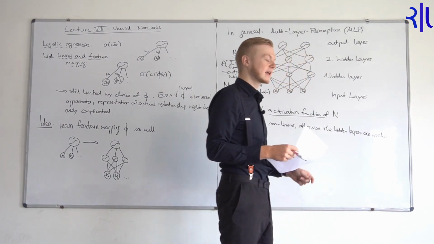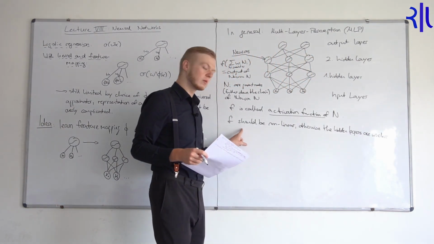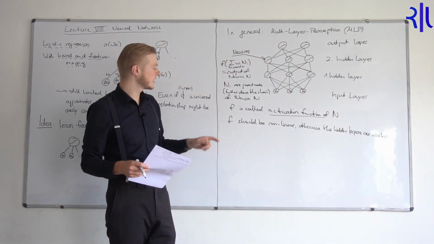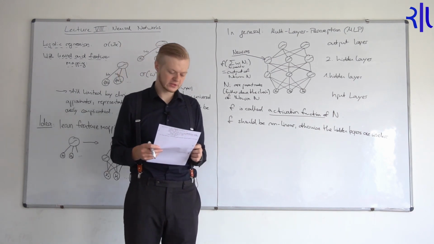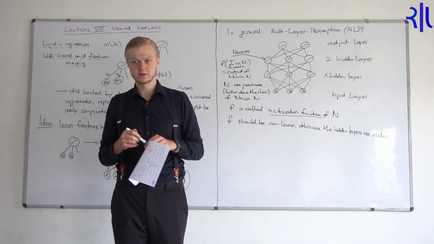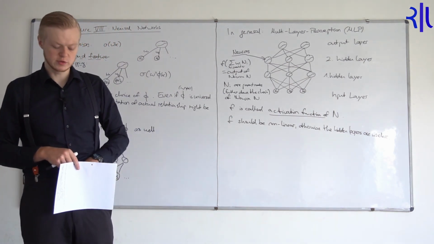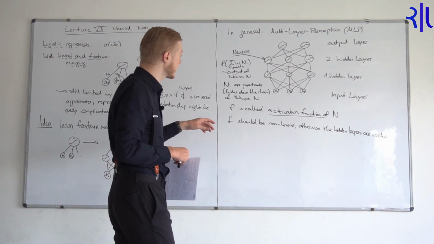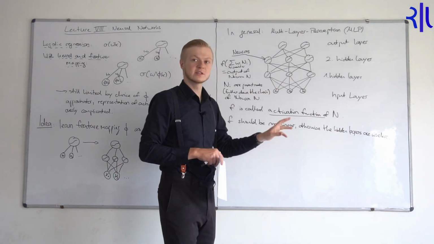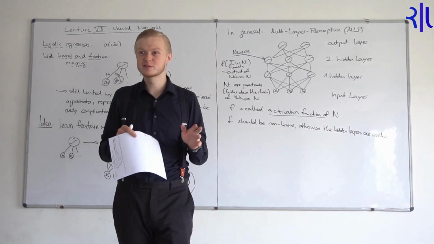An important thing is that we are almost forced to take a nonlinear function for f, because if we use a linear function, that is actually similar to using the identity, and then all your hidden layers could be condensed into just one single layer.